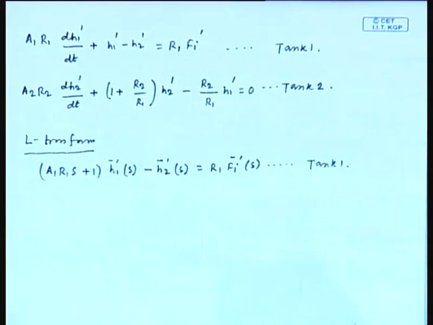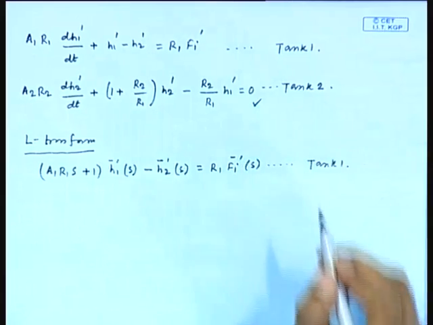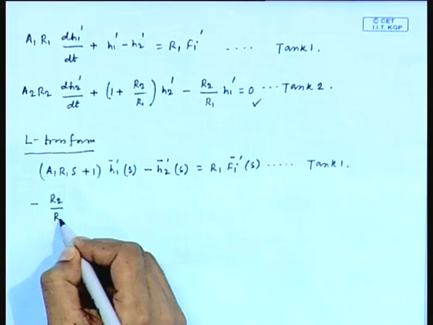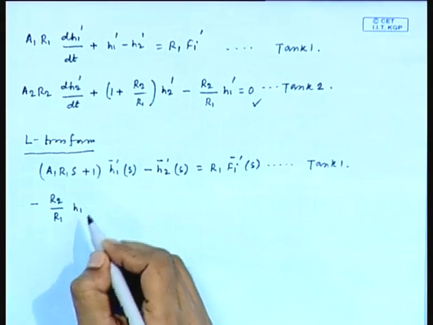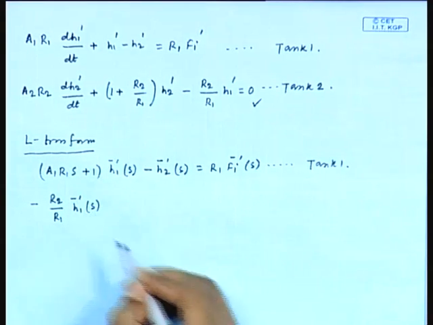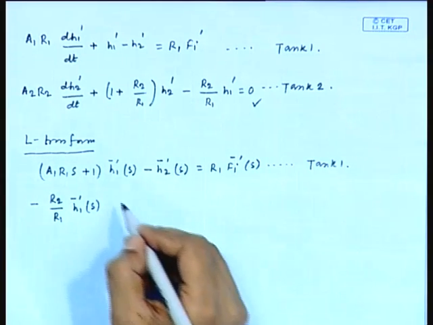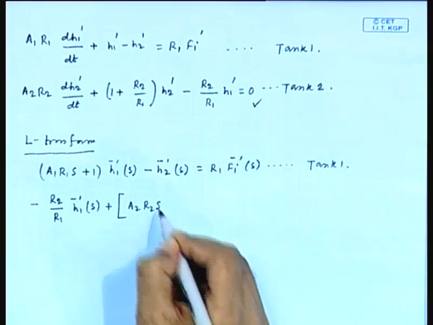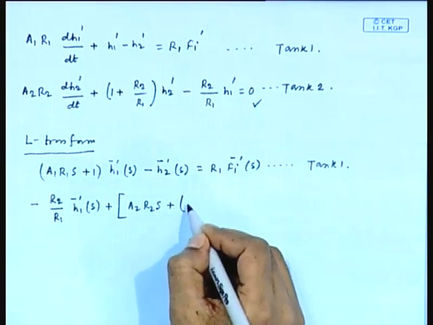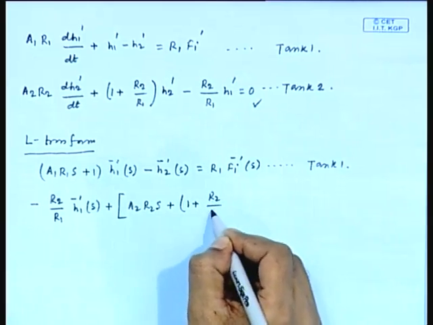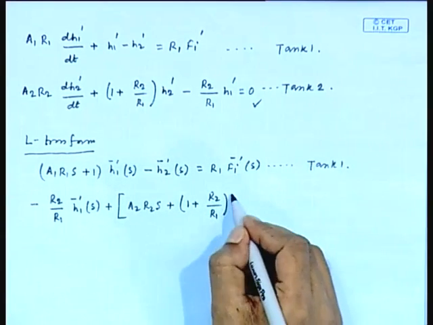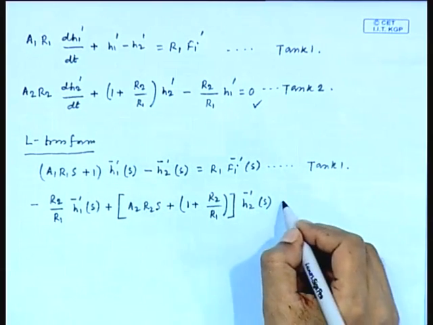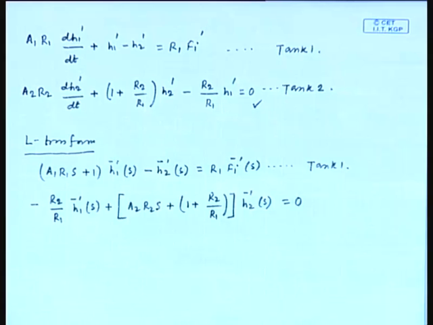Similarly, if we take the Laplace transform of this, we obtain minus R2 divided by R1 H1 bar prime S plus A2 R2 S plus 1 plus R2 divided by R1 H2 bar prime S equals 0.